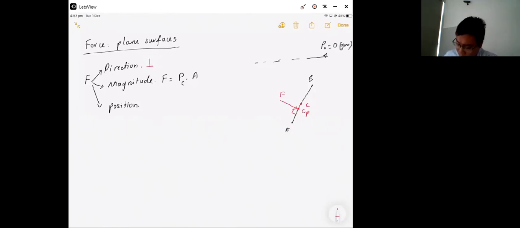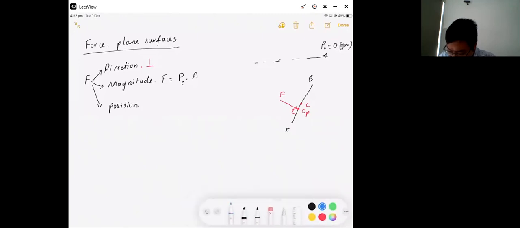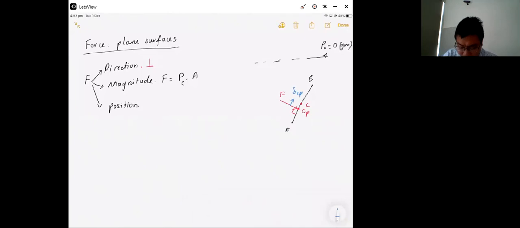And the distance between C and CP we call delta CP. And delta CP will be equal to IC, the second moment of the area, divided by LC times area.